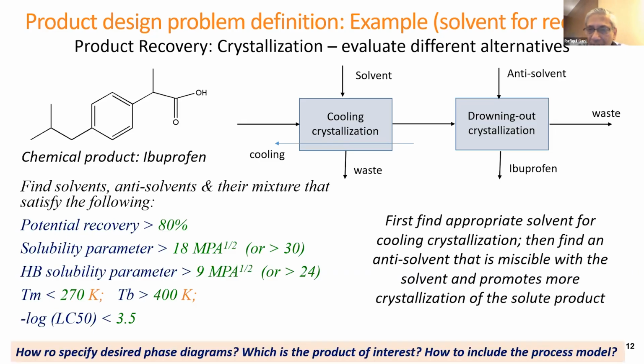What we need to do if we want to do cooling crystallization followed by drowning out crystallization is that we first find a solvent that will give us enough of the solute. Then we cannot reduce the temperature further.